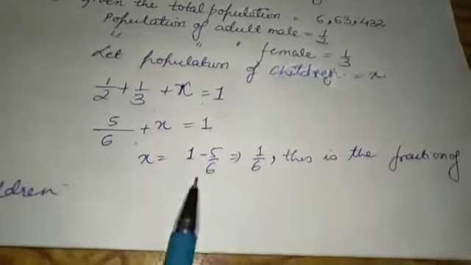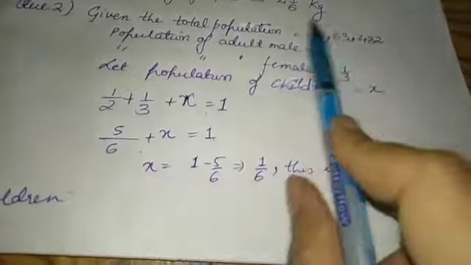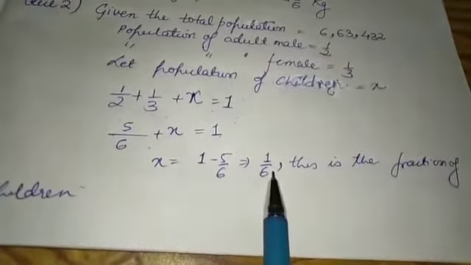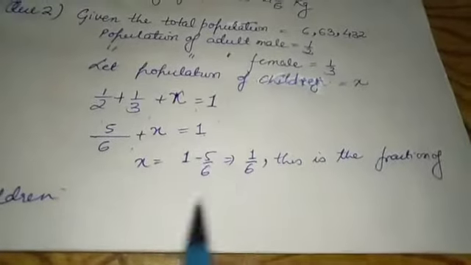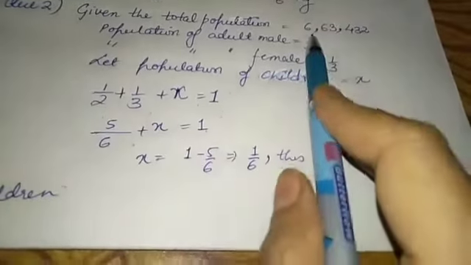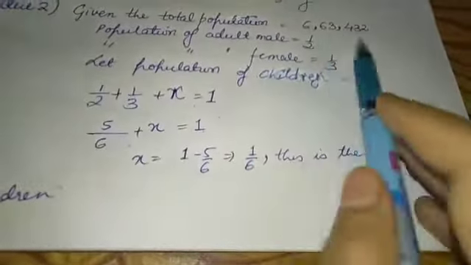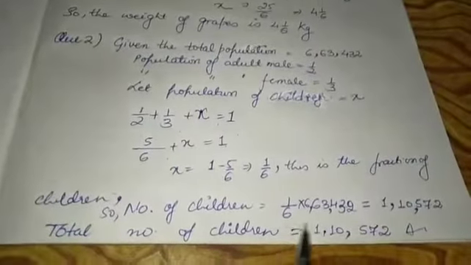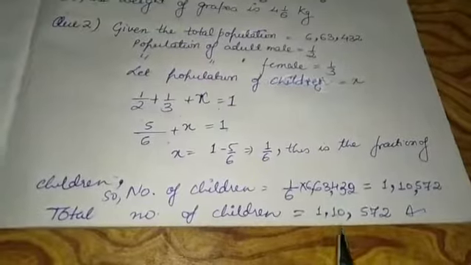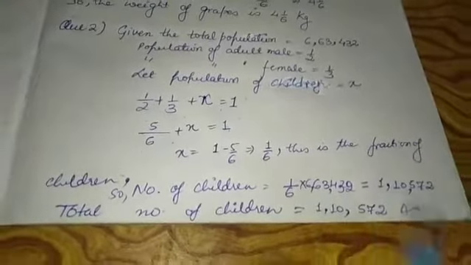You can understand it like this: what is the 1/6 part of the total population? Those are the children. So we will find the 1/6 part of this total population. So the total number of children is 1,10,572.